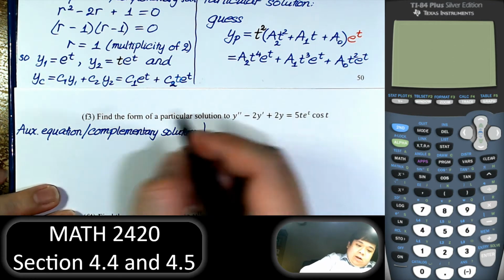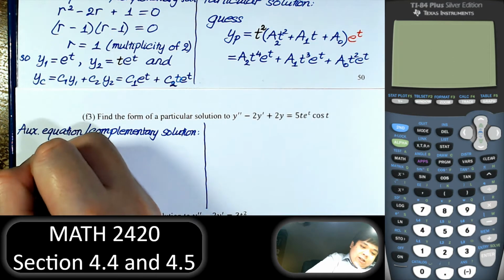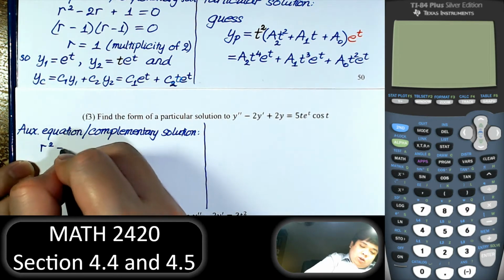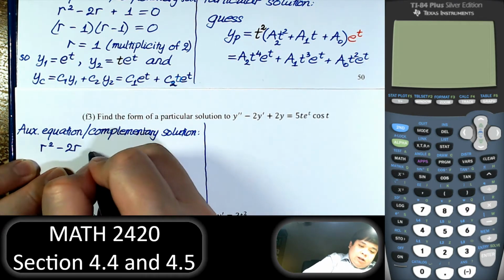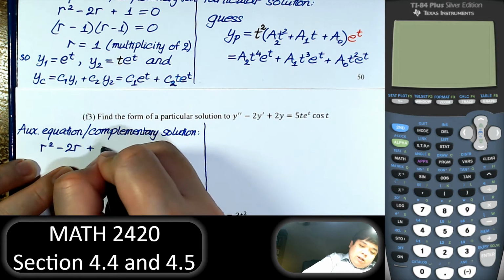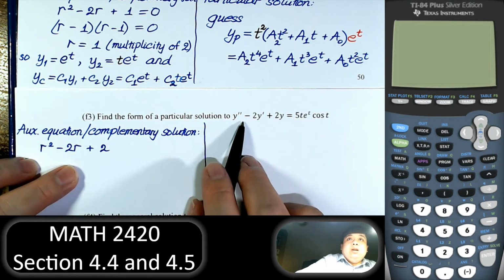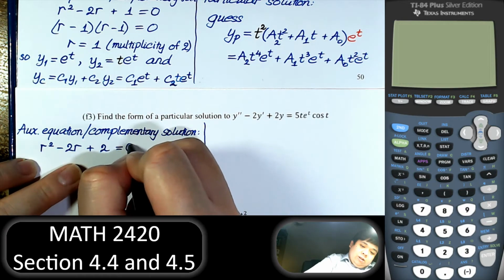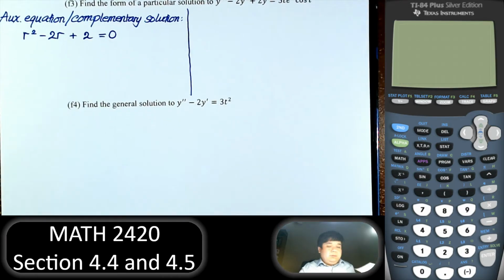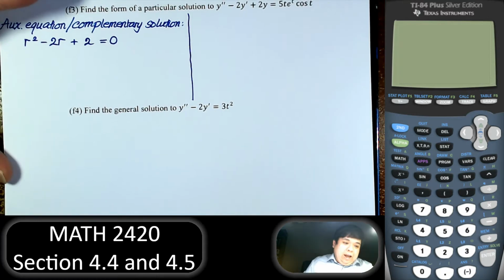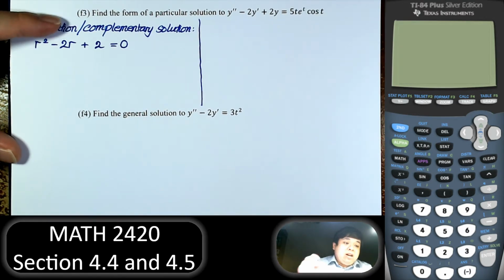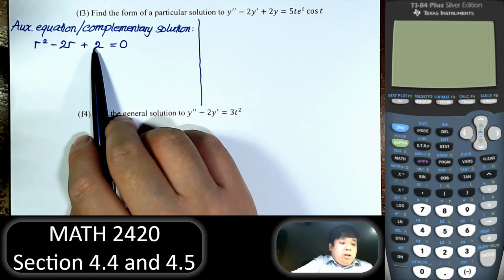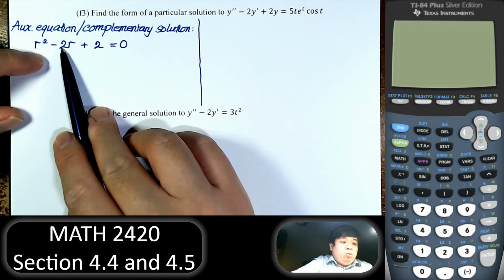That will be r squared minus 2r plus 2 equal to 0. It doesn't look like it can be factored, because multiplied by 2, it could be 1 times 2, but they won't combine to negative 2.